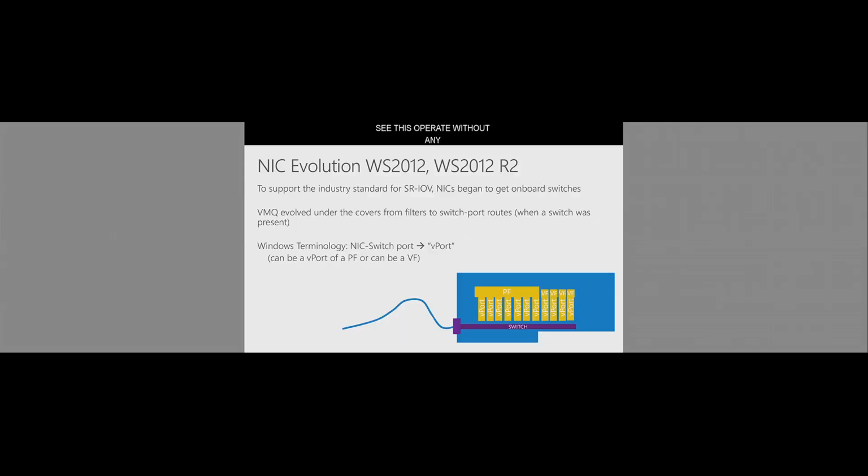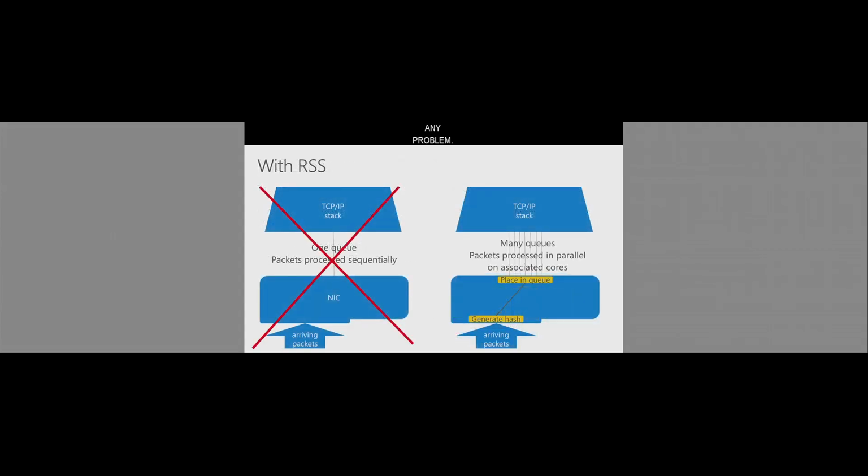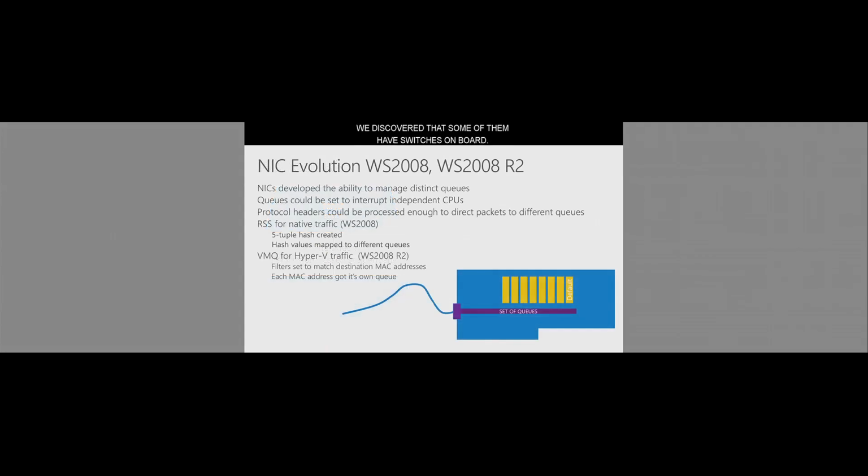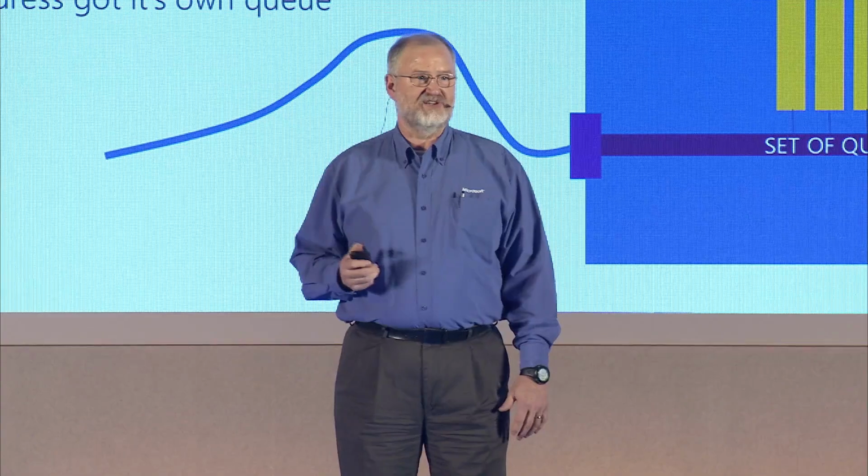So we finally get to Server 2012 R2, and we discovered that some of the NICs now have switches on board. I should note that the technology that you see back here is pretty much the current state of the art of many of the 1 gigabit per second and slower NICs that are in the market for client machines.